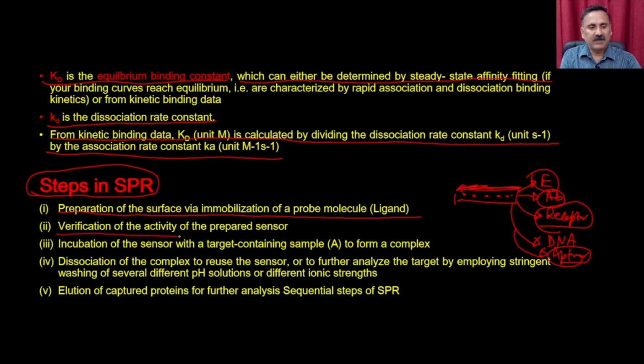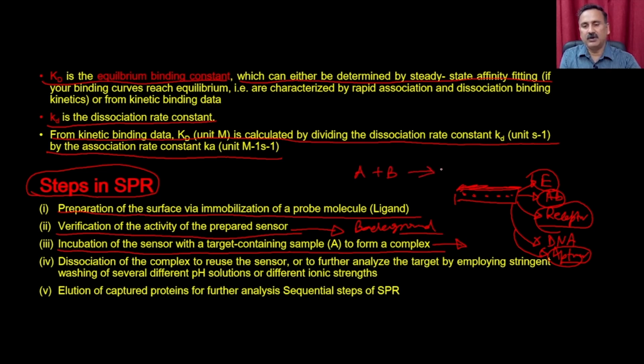Then verification of the activity of the prepared sensor. So you should show the background signal, right? So you can see whether it is showing a low background or not. Then incubation of the sensor with a target containing sample to form the complex. So you do the incubations, and that's how A is going to react with B, and it's going to form the AB complex, right?